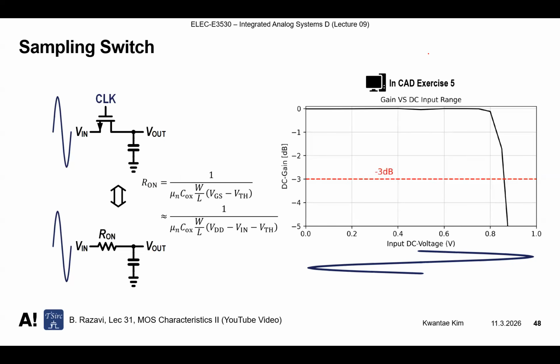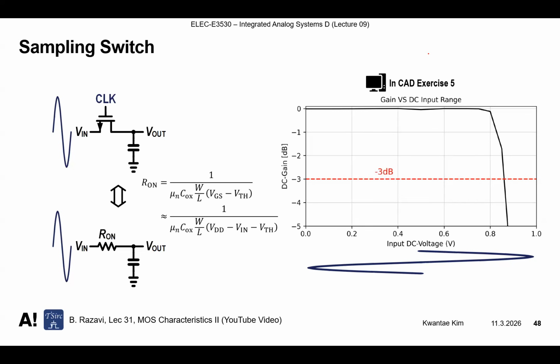When we model this sampling switch as a MOS transistor and a capacitor, we can model it as an on resistance, R on. You can check this, which was part of the extension of the Basics of IC Design course, and you can further check Professor Razavi's very nice YouTube lecture about the R on equation here.